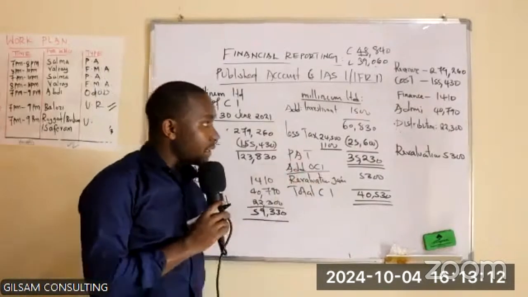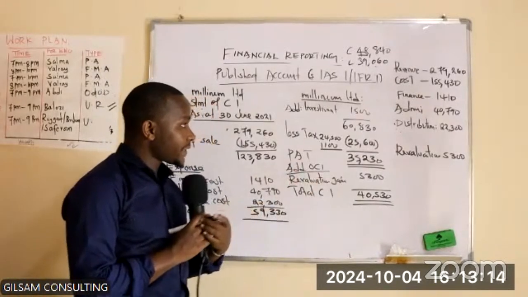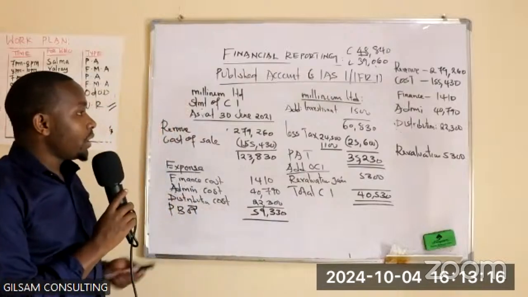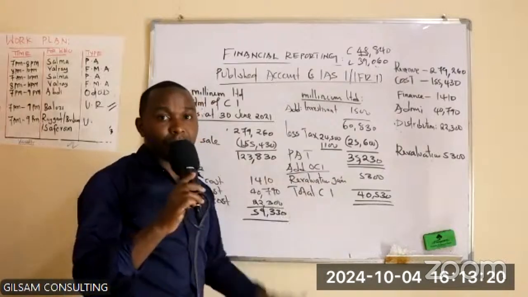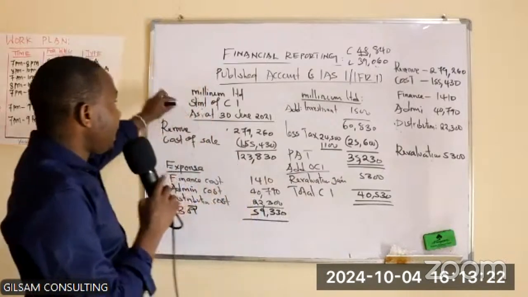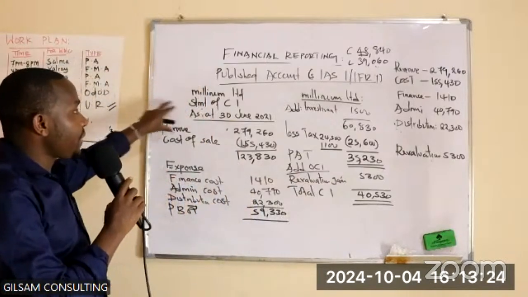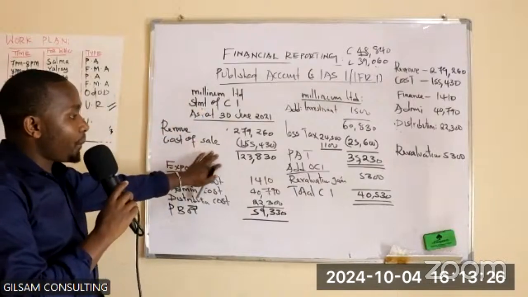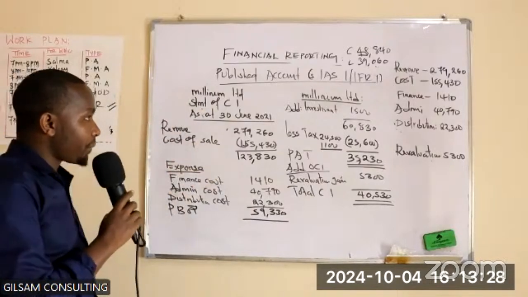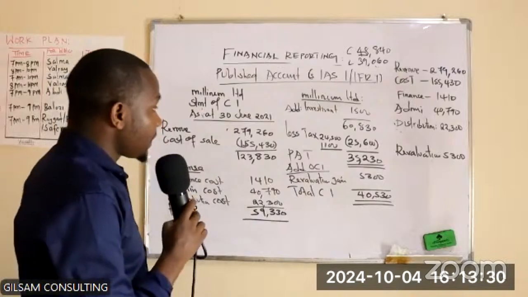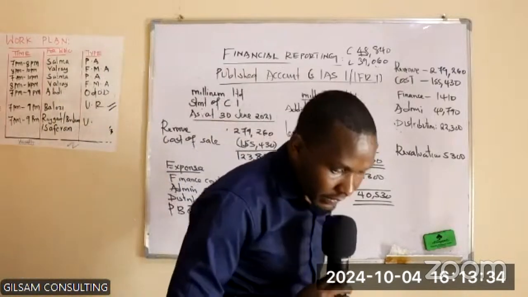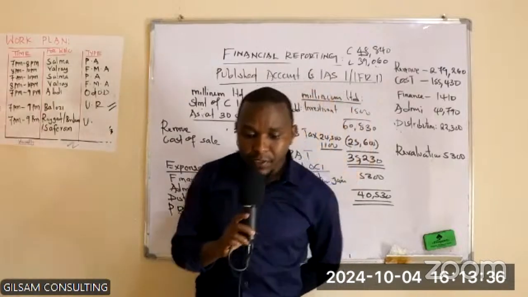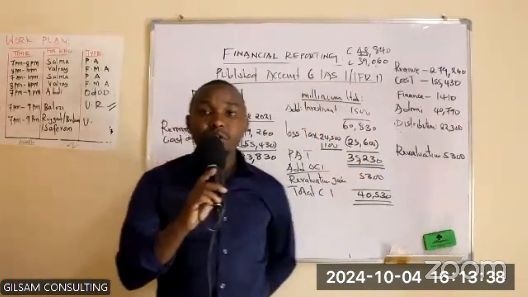So this is it. You can see the first thing you have to do is to prepare the notes. And then once you prepare the notes, you come here and prepare the statement of comprehensive income. So our next approach is the statement of financial position, which we also need to prepare the notes.